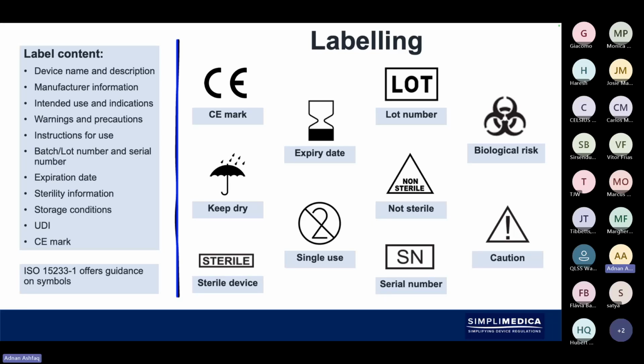If it's a class 2A and above, or even if it's a class 1 sterile or measuring or reusable, then you need to think about the notified body number, the NB number with the CE mark. Expiry dates, lot numbers, if there's a biological risk, if it's non-sterile, if it's sterile, the serial number, caution, single use, keeping dry. These are just some typical symbols that would be used, and you should refer to ISO 15223.